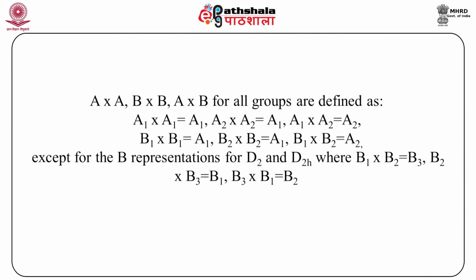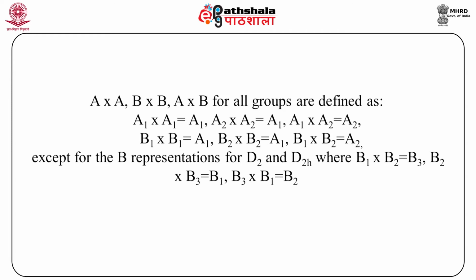Products of the form A into A, B into B, A into B for all groups are defined as follows. A1 into A1 is A1, A2 into A2 is A1, A1 into A2 is A2. This product, I mean to say, direct product.